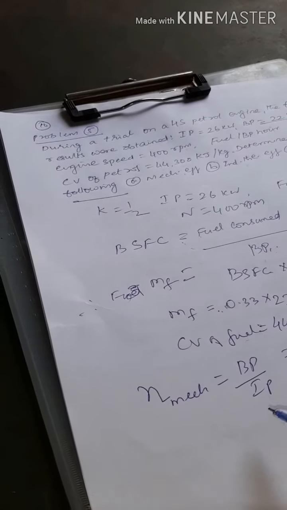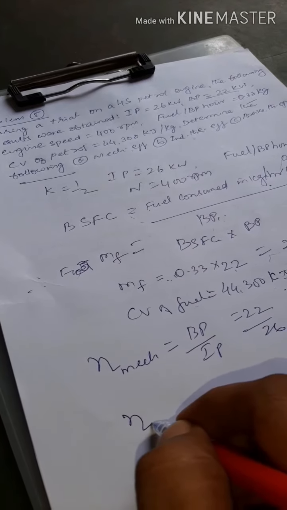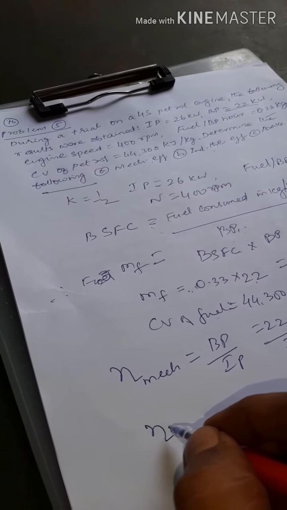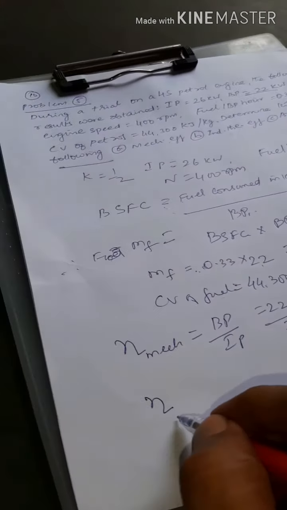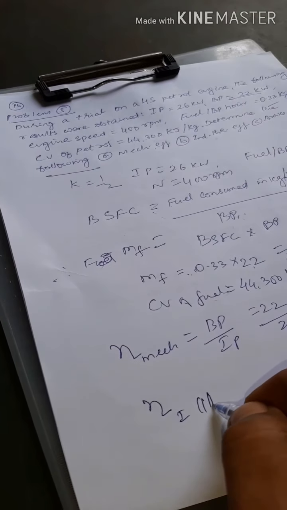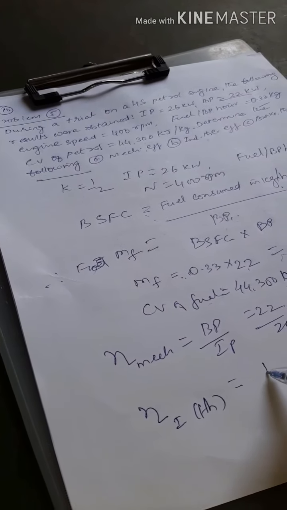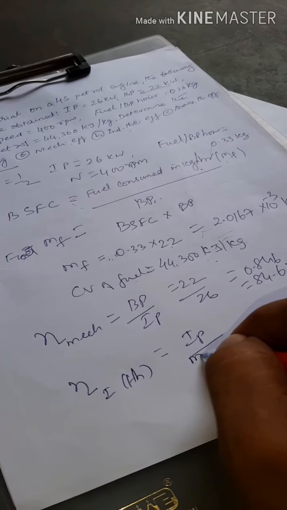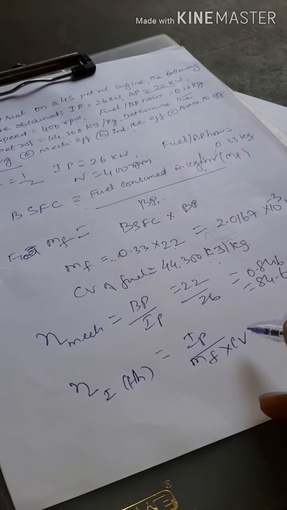Next, indicated thermal efficiency. Indicated thermal efficiency is equal to IP divided by MF into CV. That formula we use.